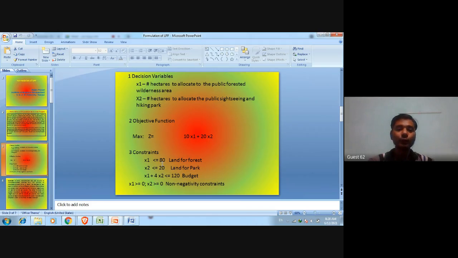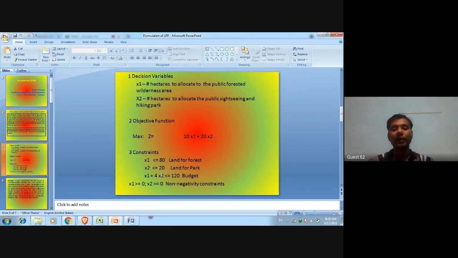You can use a maximum of 80 hectares, but it can also be less than 80, as per your objective function, which will maximize your profit. Similarly, x2 is a maximum of 20 hectares, but you can use either 20 or less than 20.